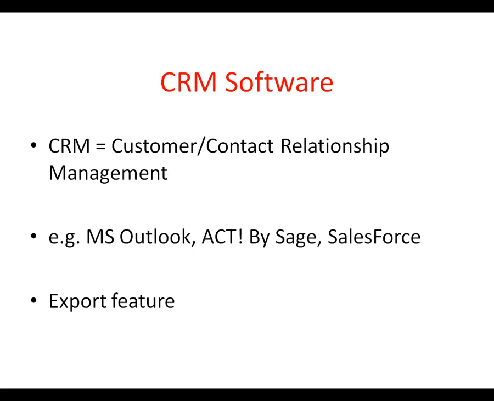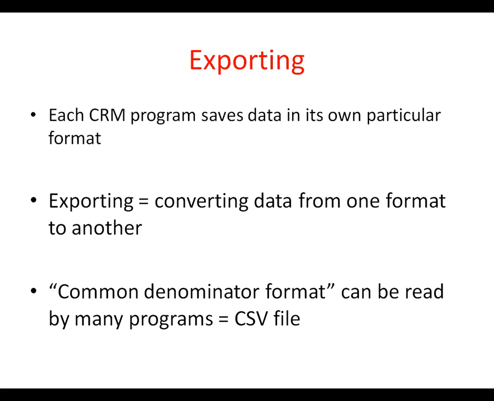All of these CRM programs have a feature that allows you to export your contacts into a basic file type called CSV. Exporting means converting your information from whatever format you currently have it in into a common denominator format that can be read by many different kinds of programs and applications.